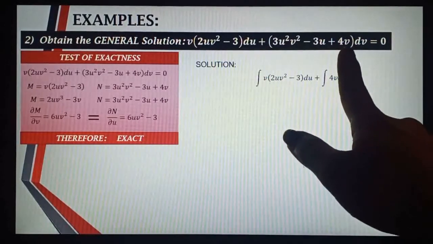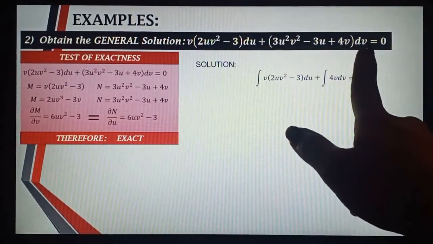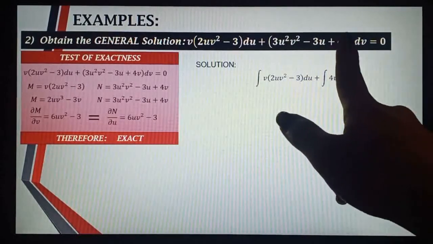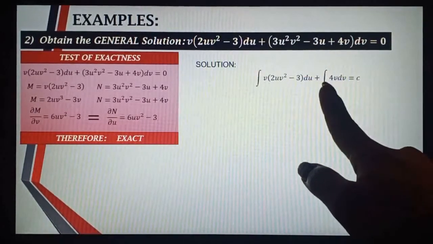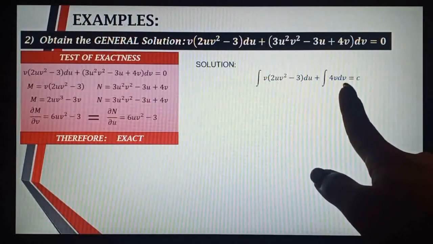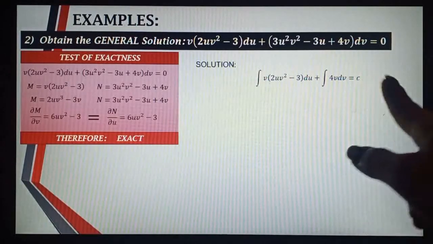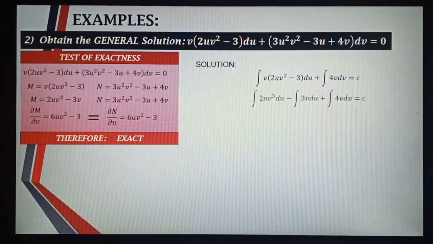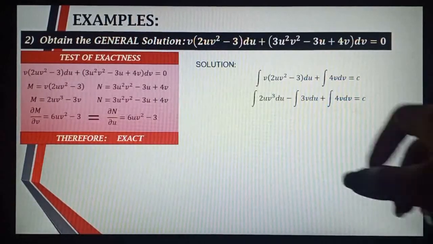Tapos, the last term is 4v dv. Since walang presence ni u, dun sa last term, kokopyahin natin yung term na yun. So, we have plus the integral of 4v dv equated to c. Now, simplify natin yung equation.